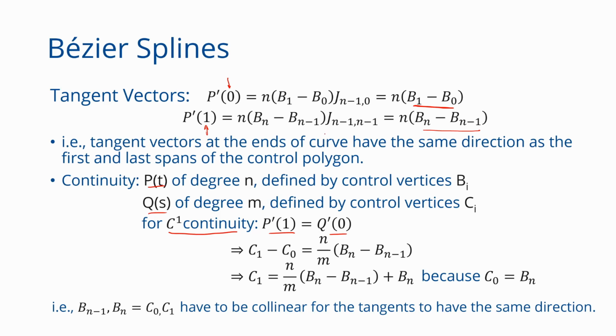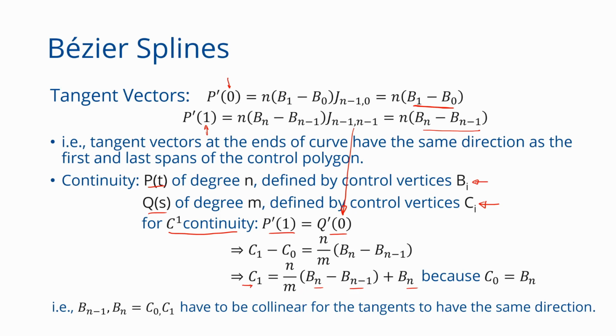So you can just substitute from these equations. The P's have the control points as Bi's, the Q's have the control points as Ci's, and you get a condition that looks like C1 is equal to n by m times (Bn minus Bn minus 1) plus Bn, where n is the degree of the P curve and m is the degree of the Q curve.